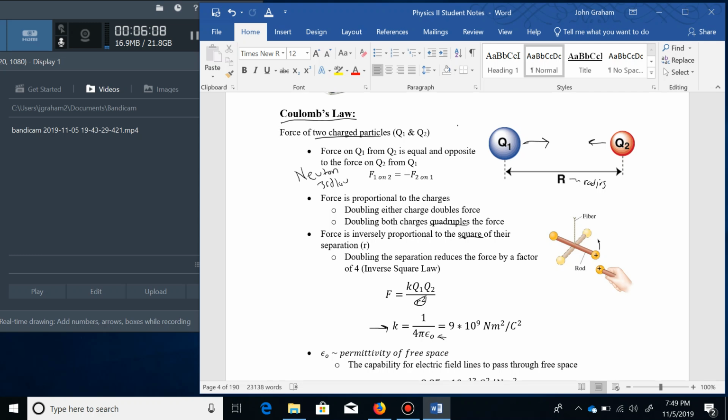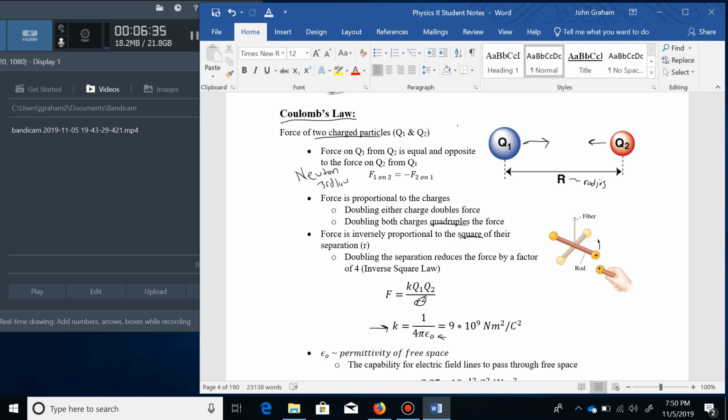The K is 9 times 10 to the 9th newtons meter squared over coulomb squared, which I'll get to what a coulomb is in a minute. And the force equation is just that K, 9 times 10 to the 9th, times the charge on the first, times the charge on the second, divided by the radius squared, or how close they are, squared.